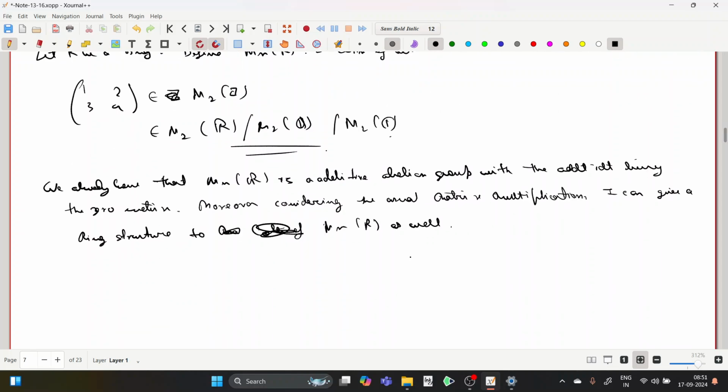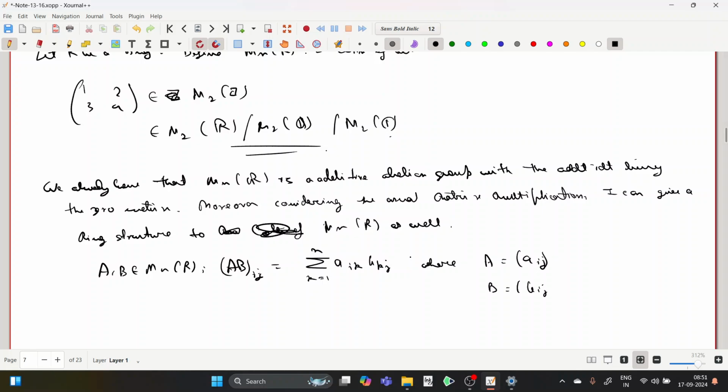Because if you recall, how are matrices multiplied? So if I talk about two matrices, say A and B, coming from M_n(R), then the ij-th entry of AB is simply defined as the summation over k from 1 to n of a_ik b_kj, where the entries of A are of the form a_ij and the entries of B are of the form b_ij.